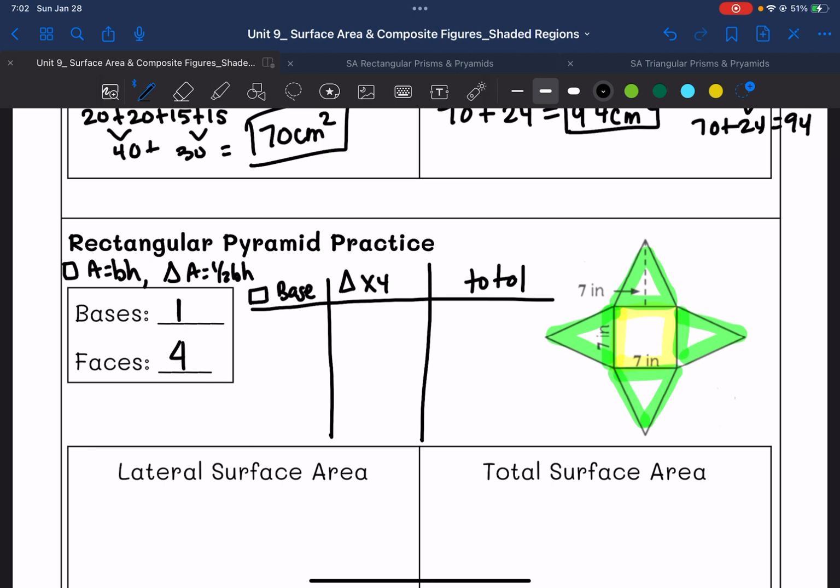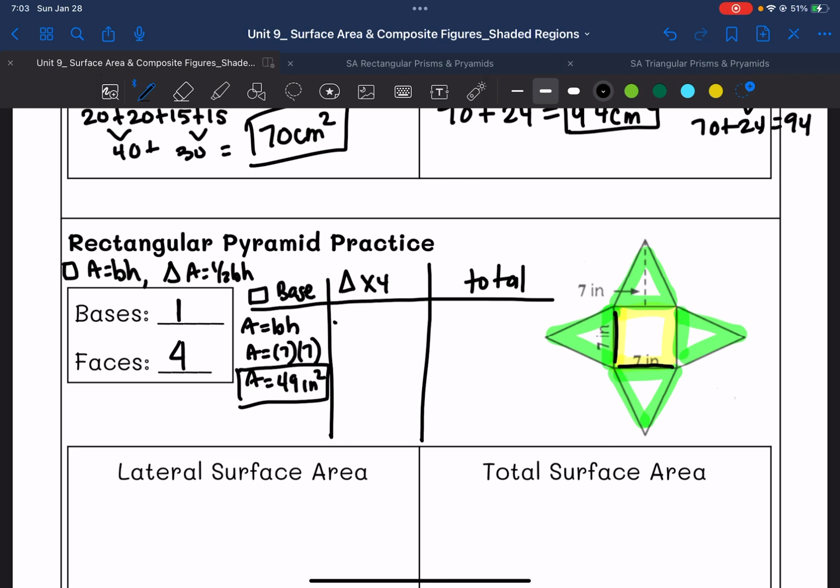All right, so for the base, we are using base times height. Base is going to be 7. Height is going to be 7. So that is going to be 49 inches squared. And there's only one of those, so I'm done with this part right here.